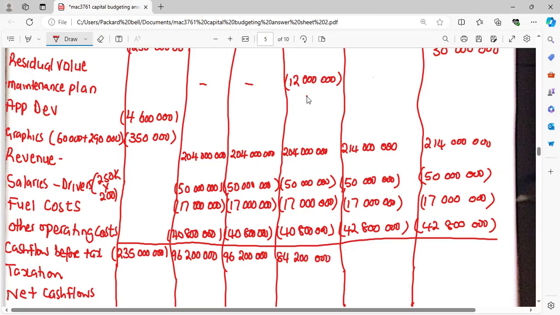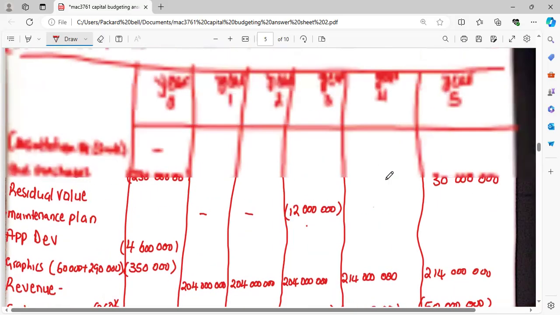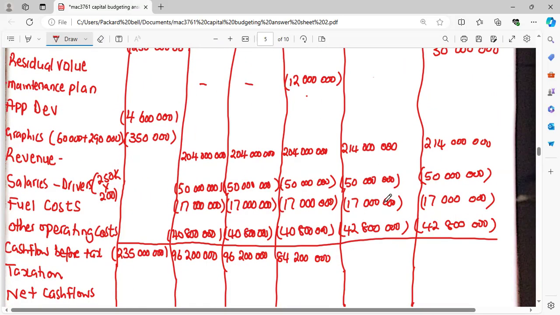Right, we can do the year 4 line. I think we don't have anything on top here. We can start here. It's 104,200,000.